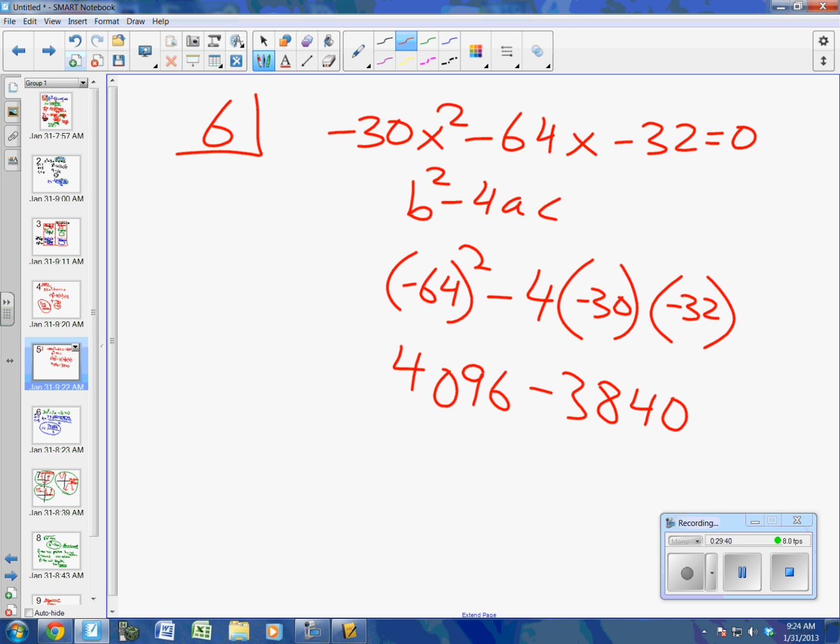Oh, it's going to end up being a positive number, isn't it? So 4,096 minus 3,840. What is it? 256 is a positive number, so we're going to get what kind of solutions? 2 real solutions, right? Okay. Any questions there? Okay. Now, if you get a negative number, you're going to get 2 imaginary solutions. And if you get 0, you're going to get 1 real solution.